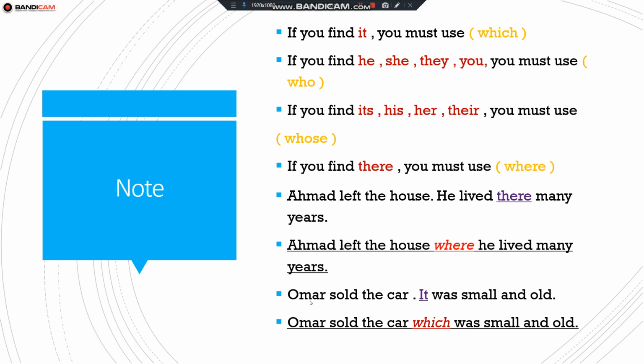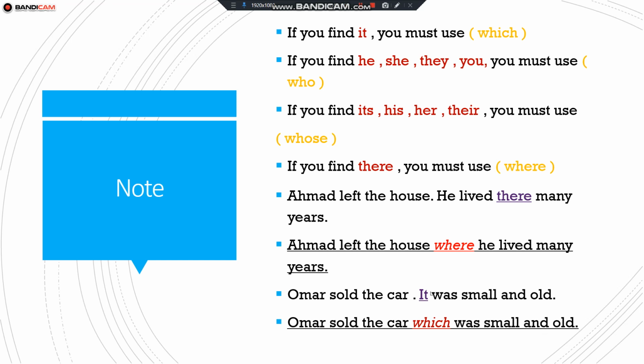Number two. Omar sold the car. It was small and old. Okay. At the beginning you have to write the first sentence. Omar sold the car. It. If you find it, you must use which. So which was small and old. Okay يا شباب.